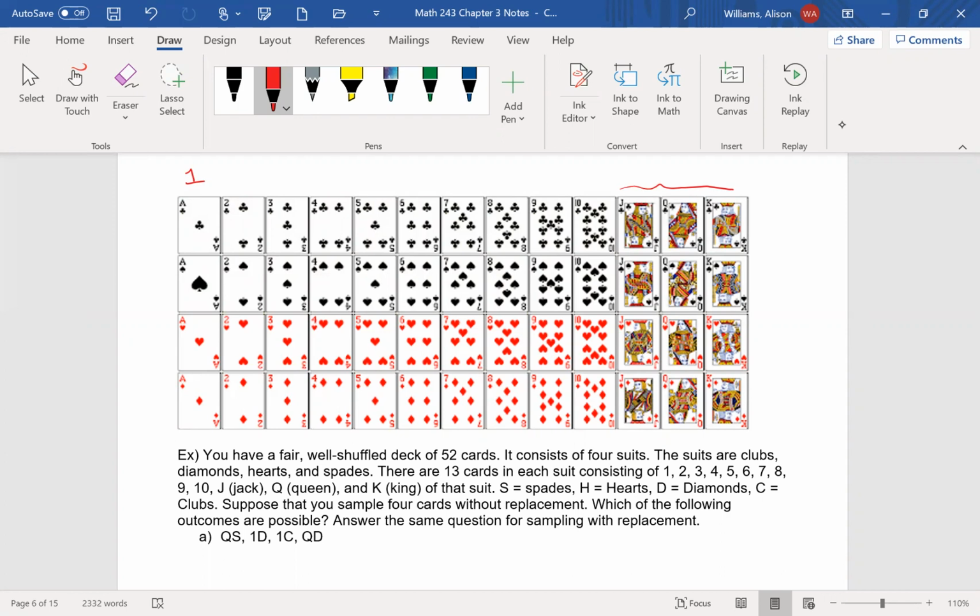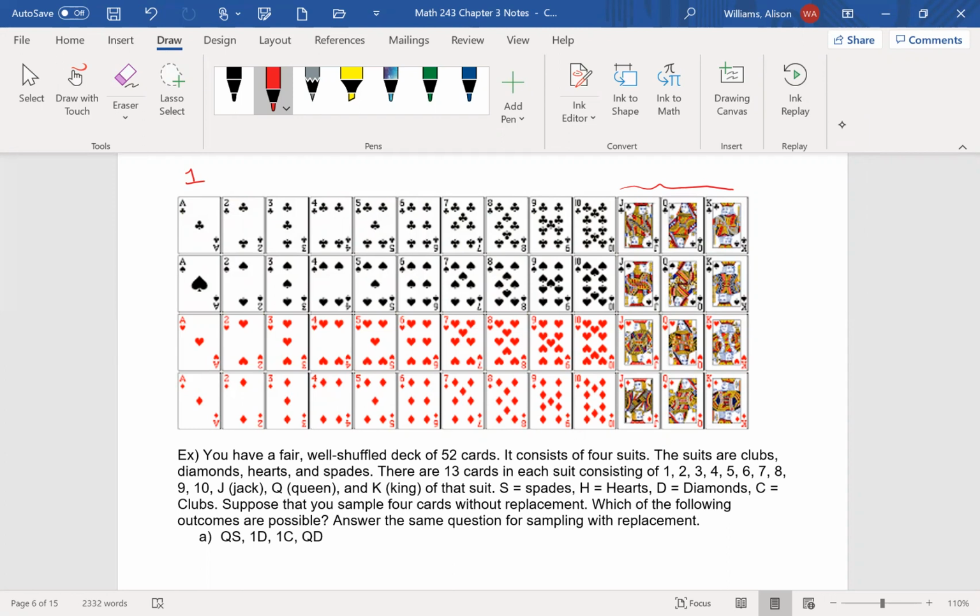They want to know, suppose you draw 4 cards without replacement. Which of the following outcomes are possible? And then re-answer this with replacement. So if I look at part A here, when they say QS, that means I have a queen of spades, and then I draw a 1 of diamonds, which would be the ace, a 1 of clubs, again an ace, and queen of diamonds.